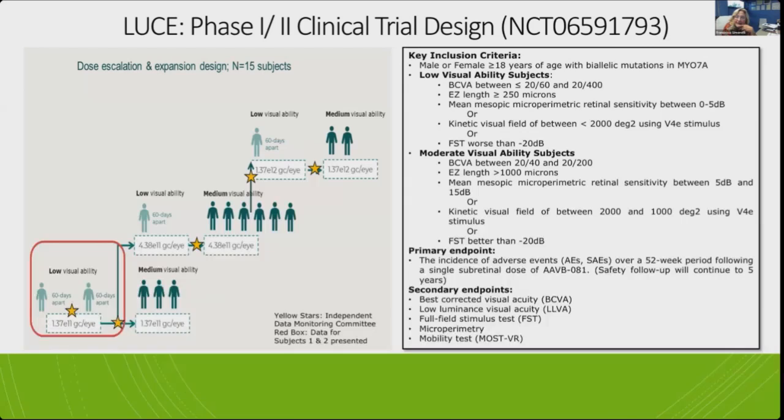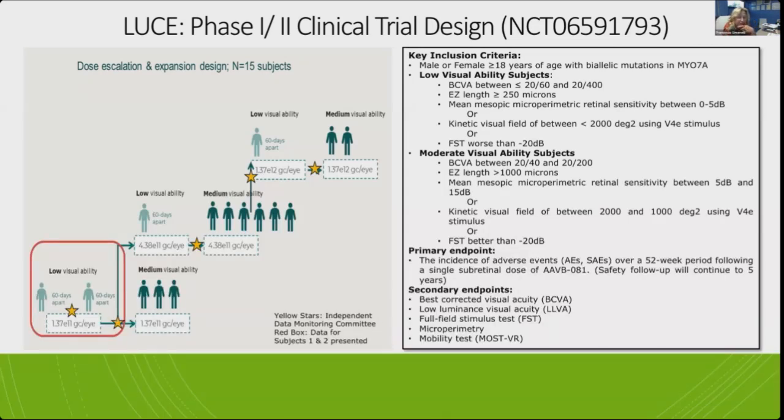These are the key inclusion criteria: male or female, adults between 18 to 50 years, obviously with biallelic mutations in myosin 7A gene.